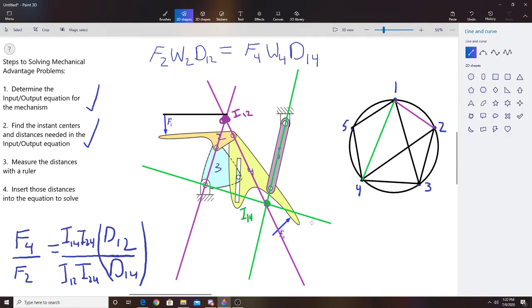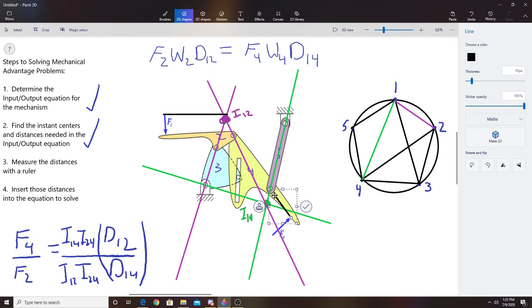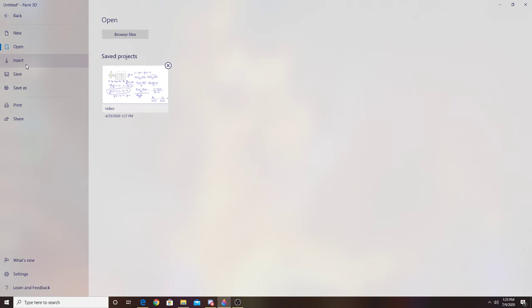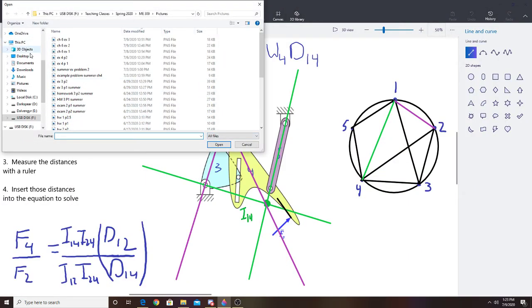I12, and then I believe this one is from here to here, if I'm correct. Yeah, D14 is from, so I'm going to draw that. That's really hard. Anyway, so then we have to do our other ones, which we can do without the lines. So let me go ahead and insert the ruler.